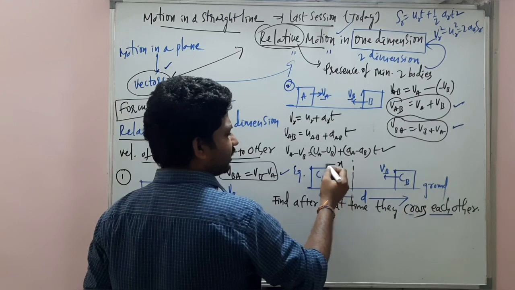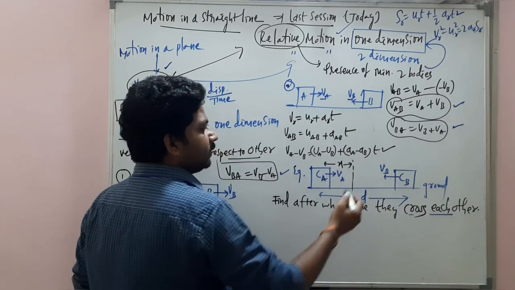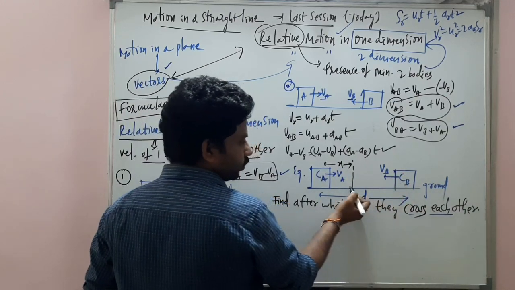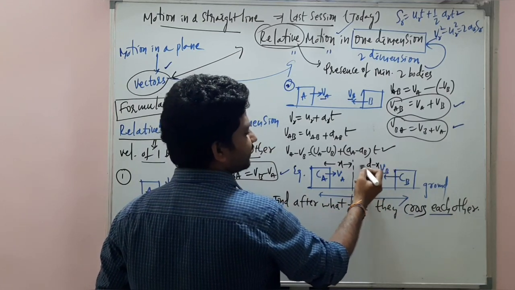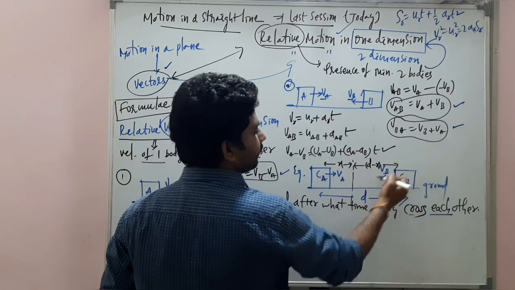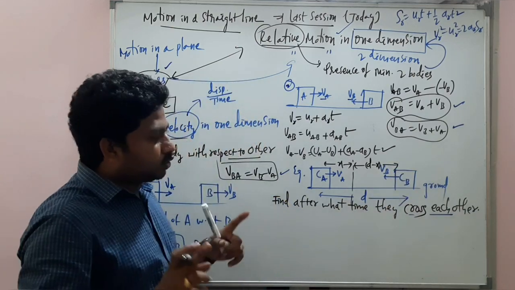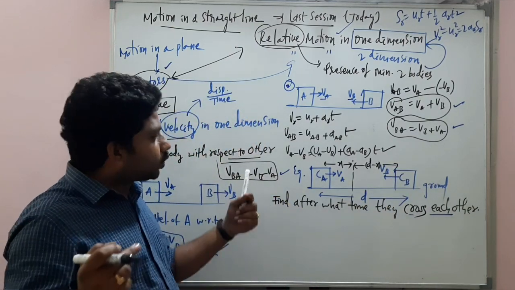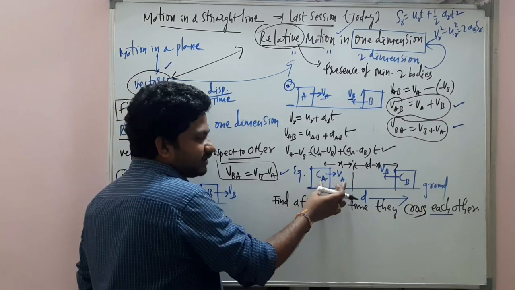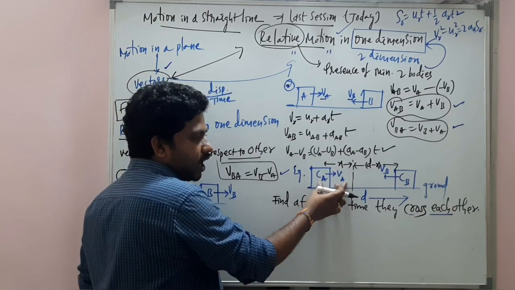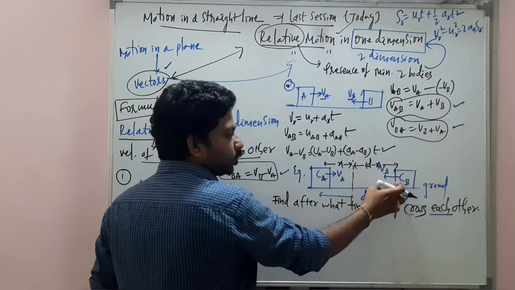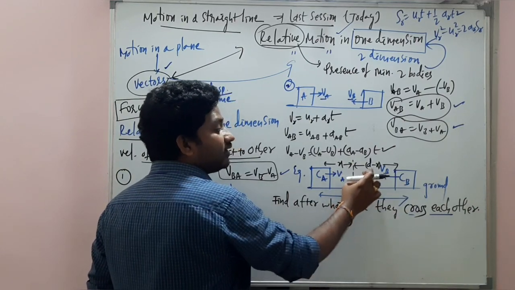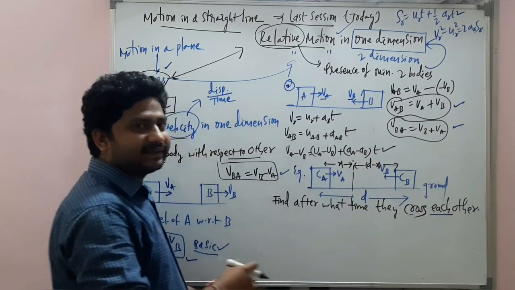Imagine the distance covered by the first car is x, then definitely the other car also comes here, right? The distance traveled by this one is d minus x. See the interesting thing, my dear students. The distance traveled by car A to cross car B is x. The distance traveled by car B to cross this line is d minus x.